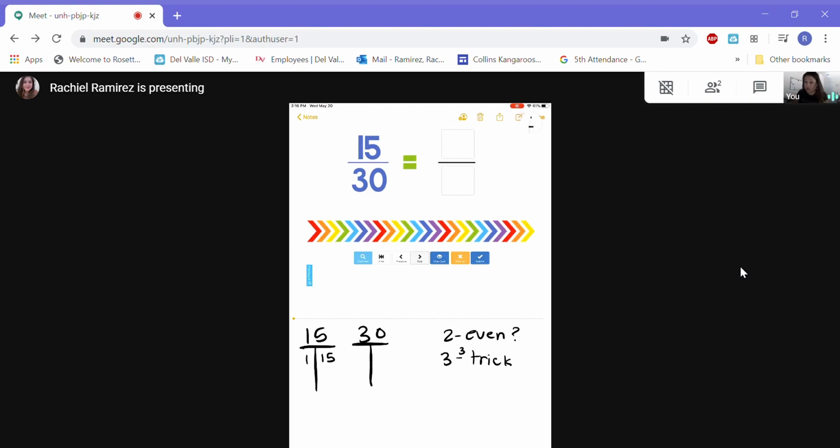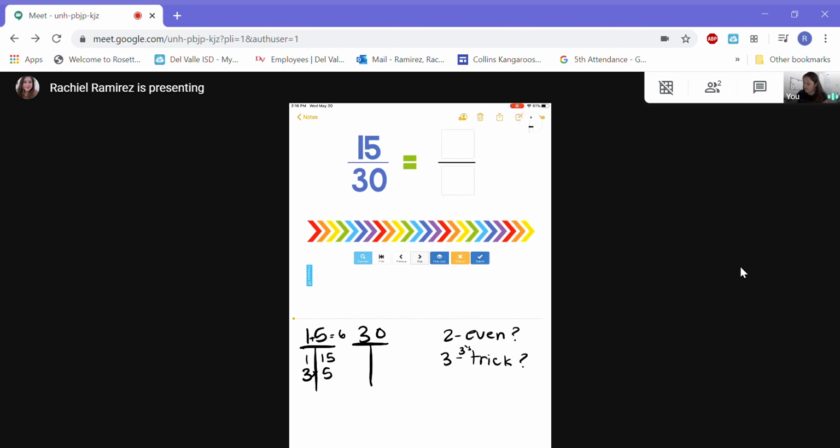We add 1 plus 5, which is 6. Is 6 a multiple of 3? Yes, it is. So that means 15 is a multiple of 3. So 3 times 5 equals 15. So those are the two factors.